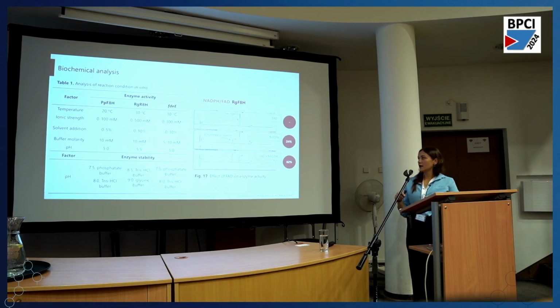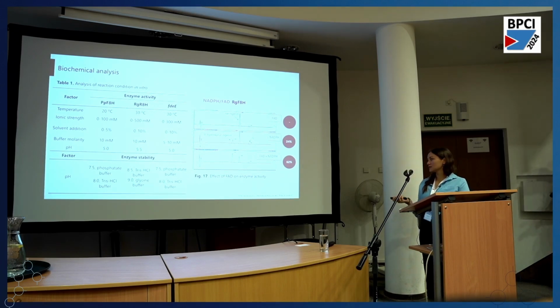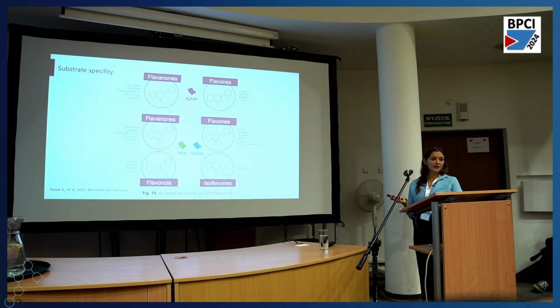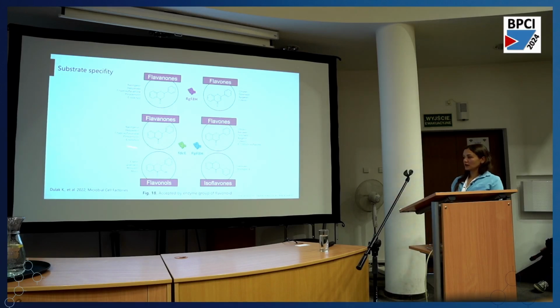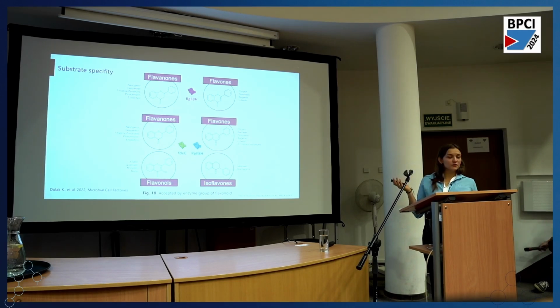For the enzymes from Pseudomonas putida and Herbaspirillum seropedicae, we did not observe any such result. An even more noticeable difference between those enzymes is that the yeast one accepts only flavanones and flavones as substrates, and the two bacterial ones extend the panel of substrates with flavonols and isoflavones. That was never before described in the literature.